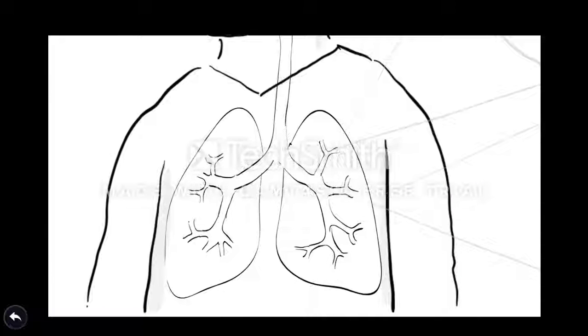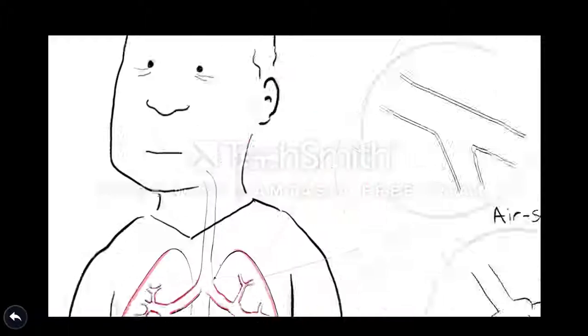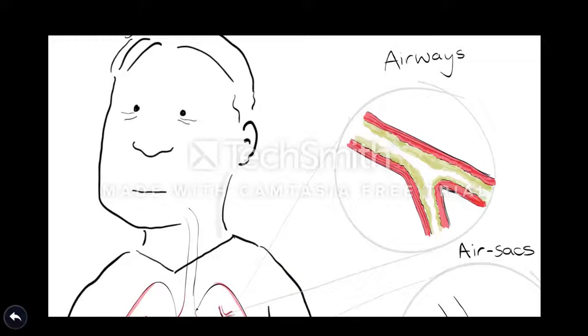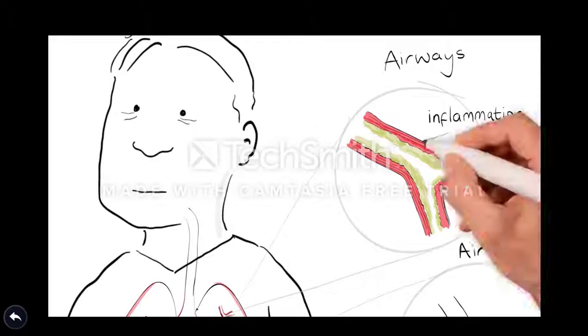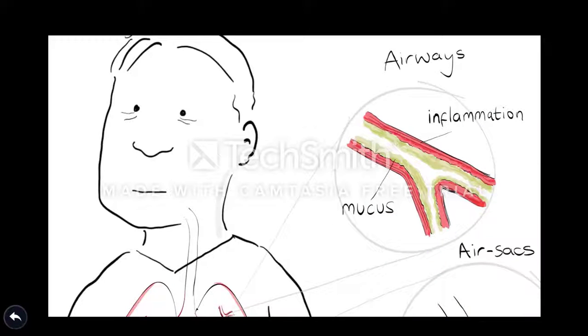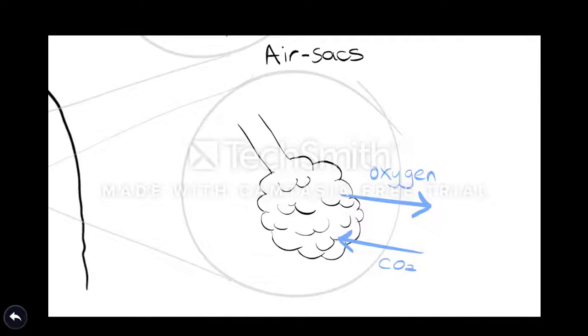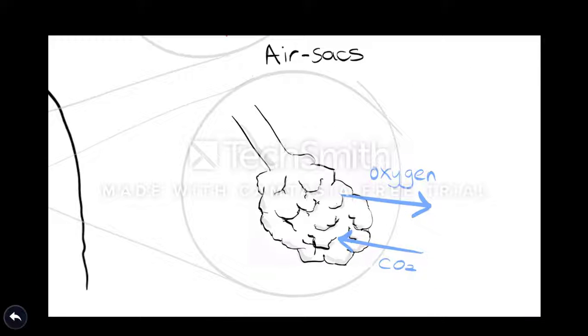In COPD, inflammation over time causes permanent damage to the airways and air sacs of the lungs. The airways become inflamed, swollen, and filled with mucus, obstructing the flow of air. The air sacs lose their structure and sponginess, so they can't fill and empty as easily, making the exchange of oxygen and carbon dioxide difficult.